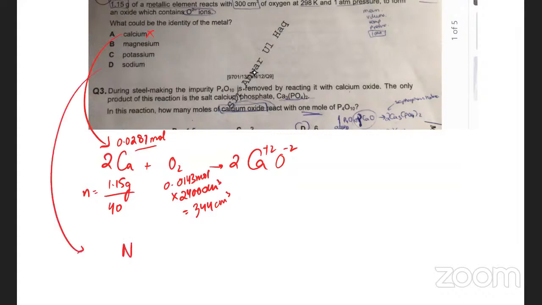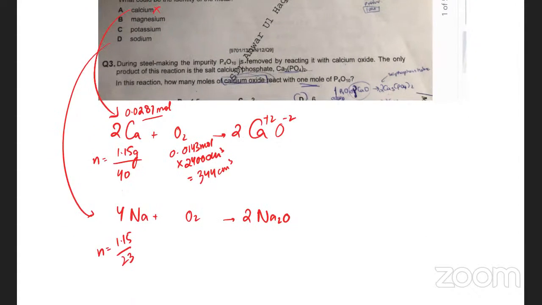If you react sodium with oxygen, it's going to form sodium oxide. And if you balance it, it's going to be 4Na. Figure out the moles of sodium: 1.15 divided by the Ar of sodium, which is 23. How many moles do you get? 0.05.